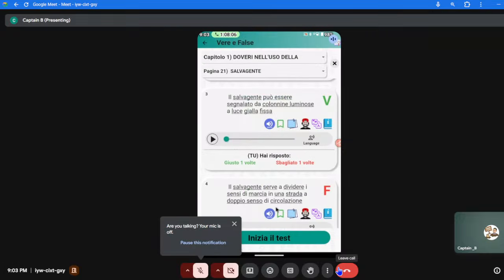It's not luce propria. So colonnine luminose a luce gialla fissa is a bright, shining yellow fixed light. And it is true, as I showed you in the picture just now.